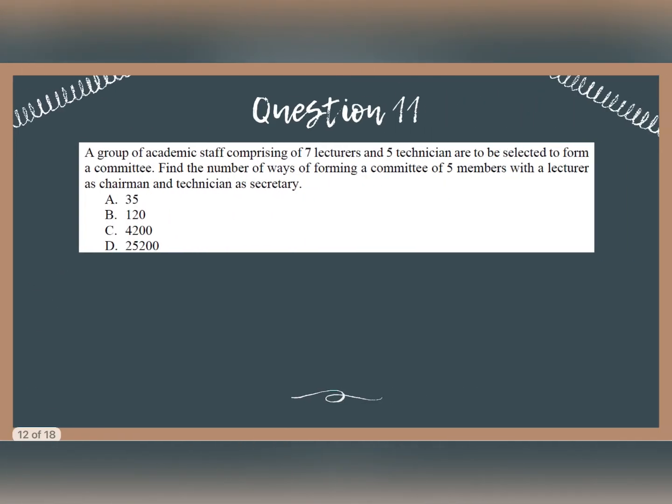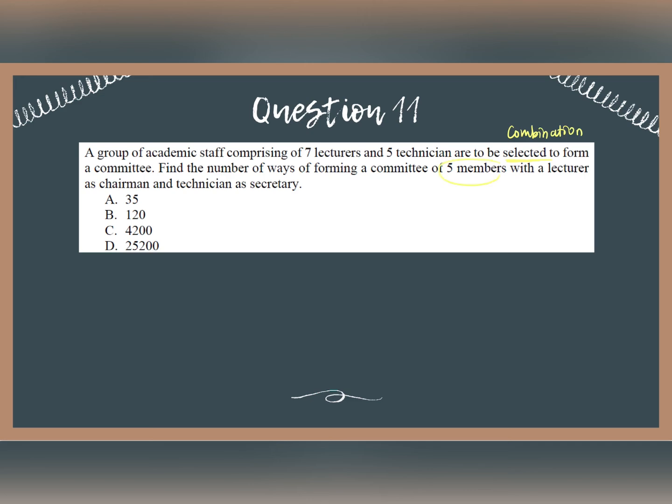Now question 11. A group of academic staff comprising of 7 lecturers and 5 technicians are to be selected to form a committee. Selected, that means it is a combination. Okay, so combination. Find the number of ways to form a committee of 5 members.